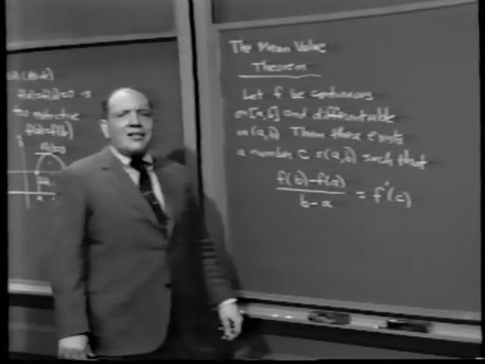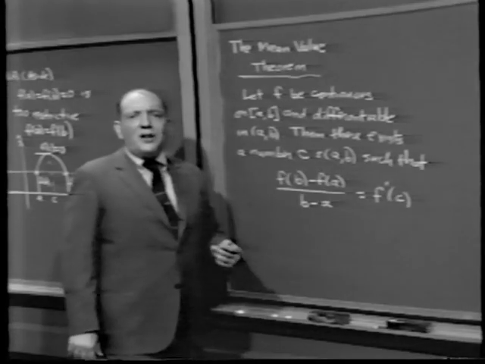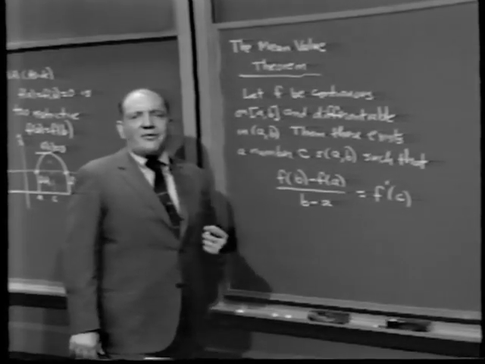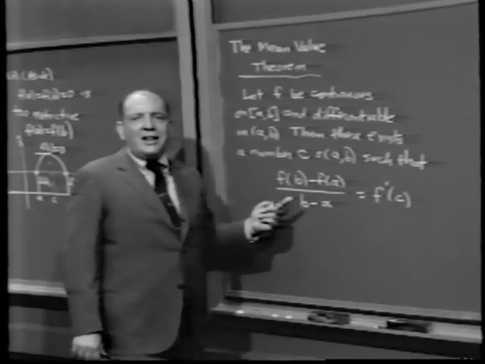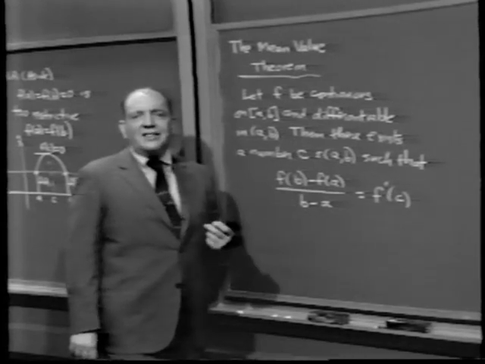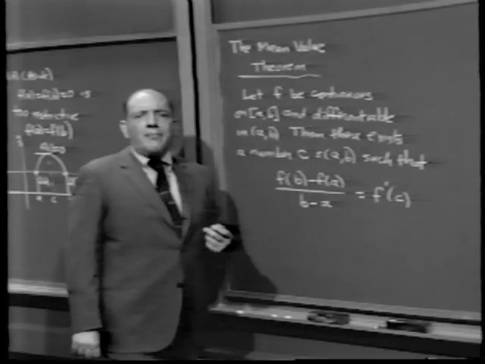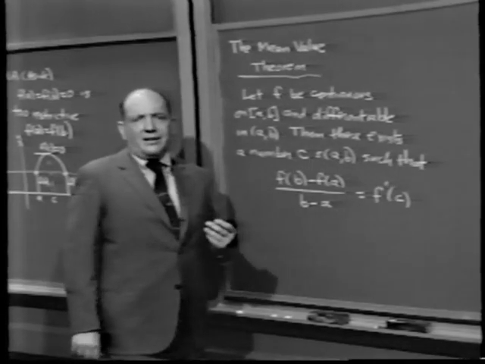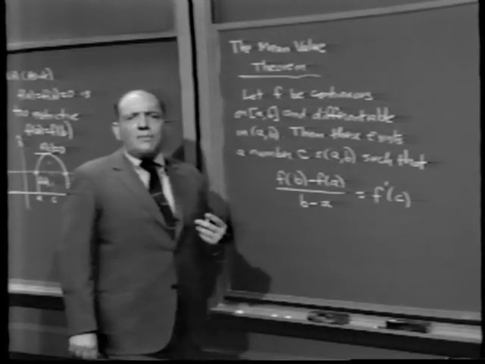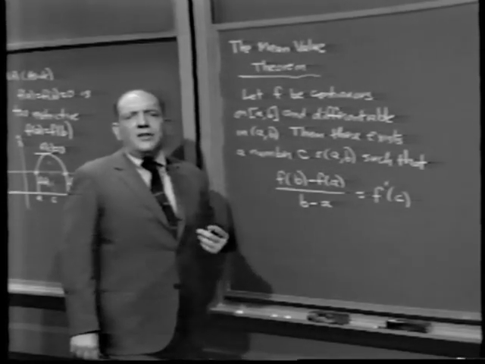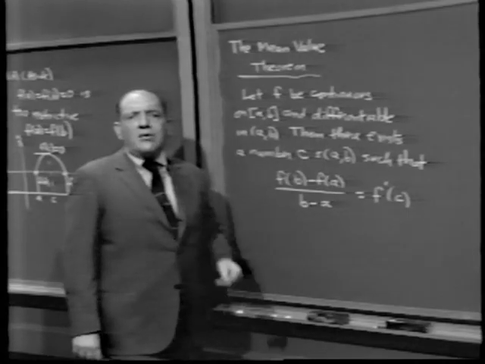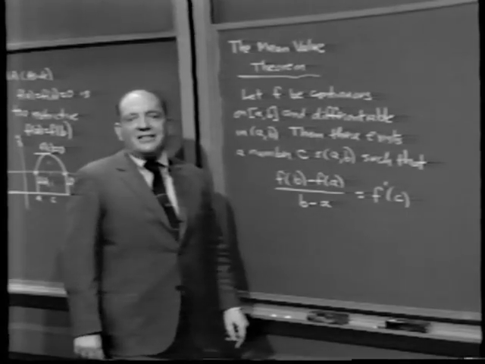By the way, as the name implies, by mean we don't mean nasty, we mean average. If you'd like to see what this means, and I'll draw you a picture in a second, all it says is that if a particle is moving from point A to point B, at least at one point during its trip, the instantaneous speed must equal the average speed.